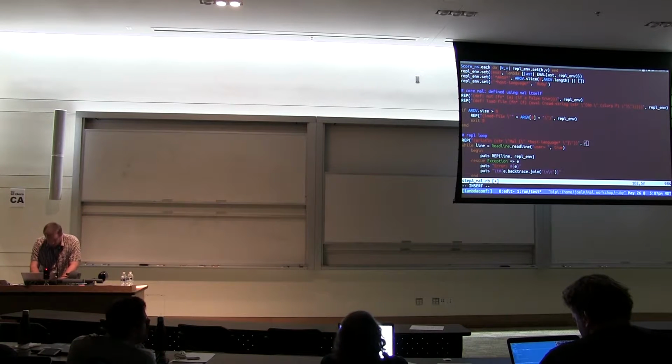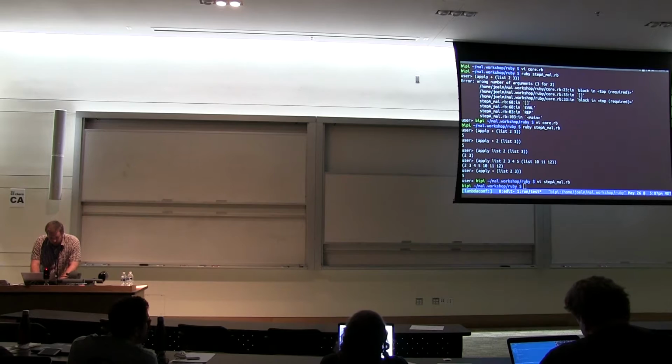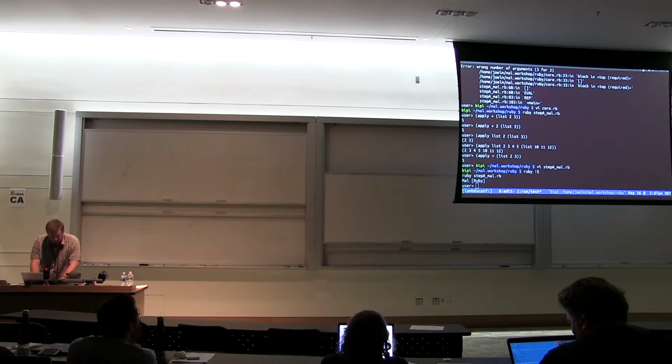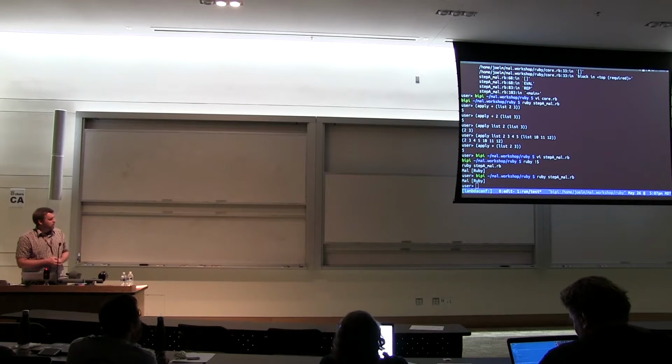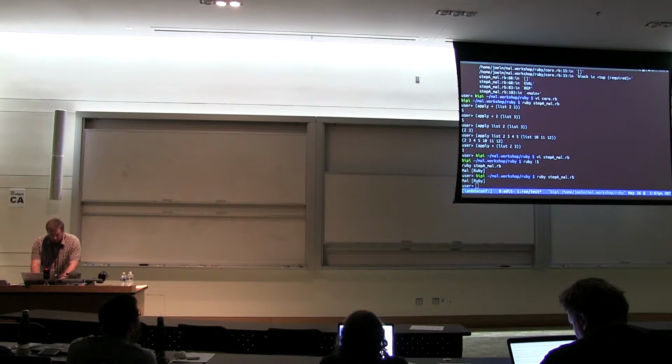Okay, so let's just run that. Now when we run our implementation, it gives us just a quick header that tells us that this is mal and what underlying implementation we used for it. Okay, and I think we should have everything.